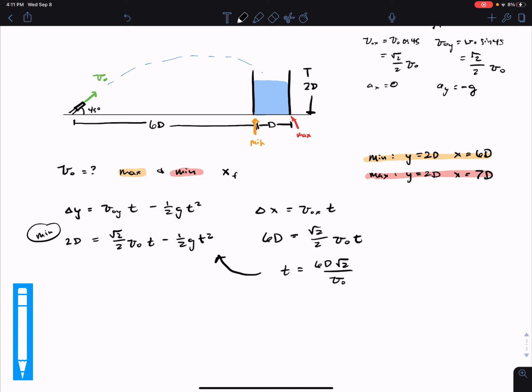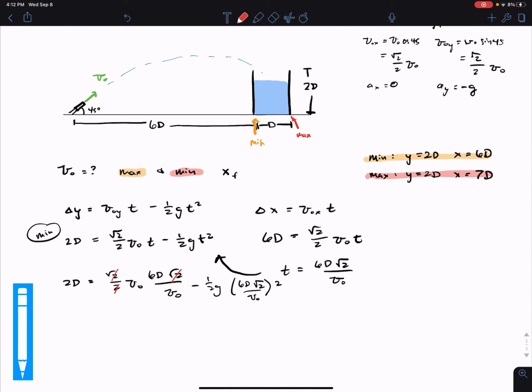This is going to give us a fun quadratic equation. So we have 2d is equal to root 2 over 2 v naught, 6d root 2 over v naught minus 1/2 g 6d root 2 over v naught squared. Okay, now we're going to go around and simplify this. Let's find some things that cancel.